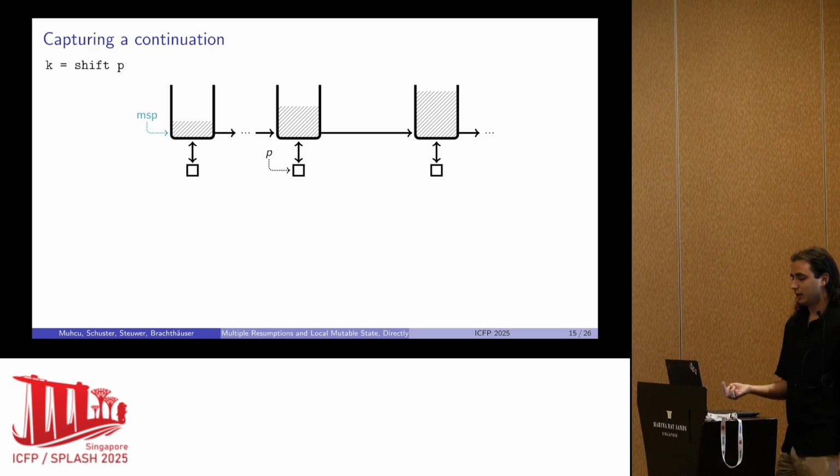Then, if we want to execute shift, we're passing a pointer to the desired prompt. So the prompt itself might be arbitrarily deep in the meta stack, but that doesn't matter since we have a direct pointer to it.